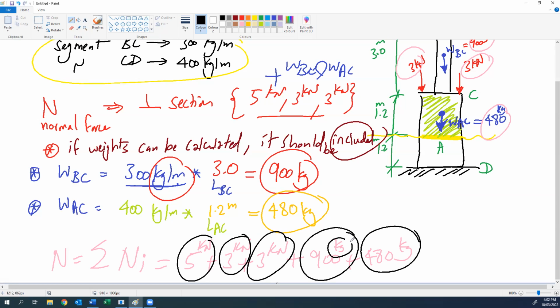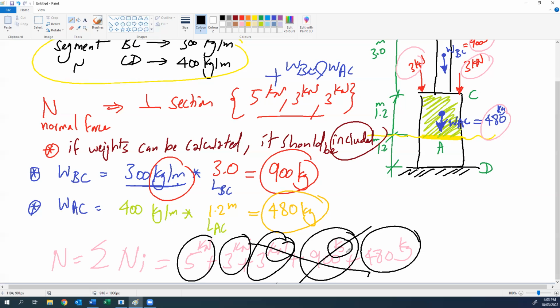Can you sum kilogram to kilonewton? No, you can't. This is wrong. If you do this, you will get maybe 0 in this example or half of the mark, because you can't sum kilogram with kilonewton.